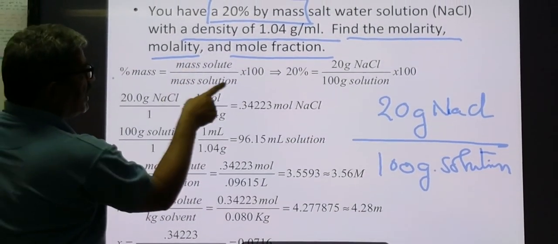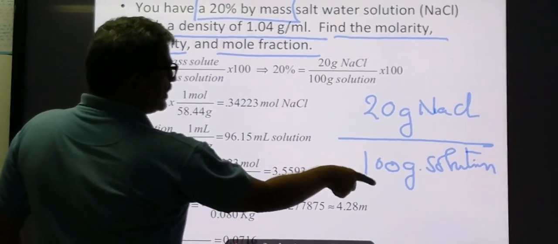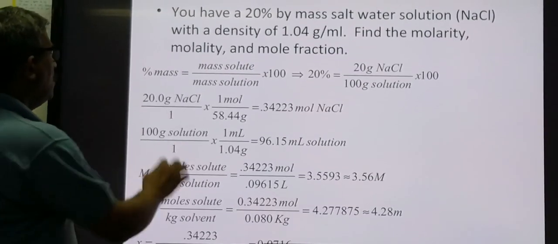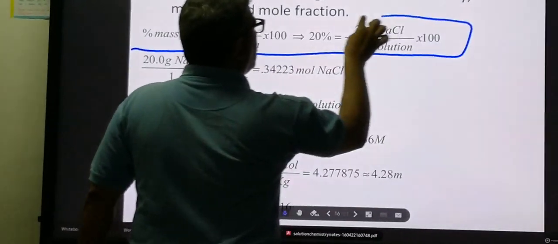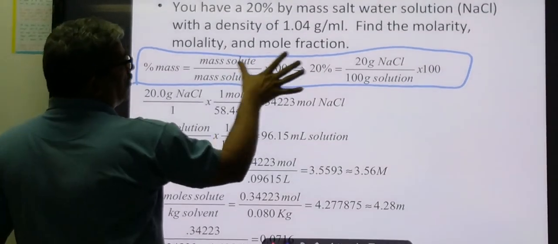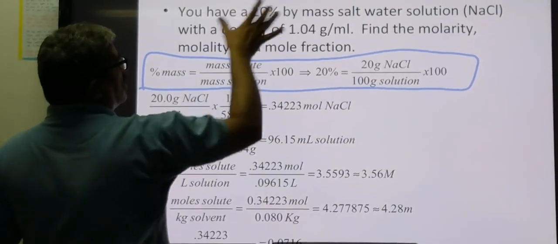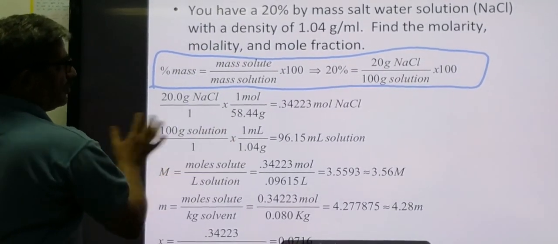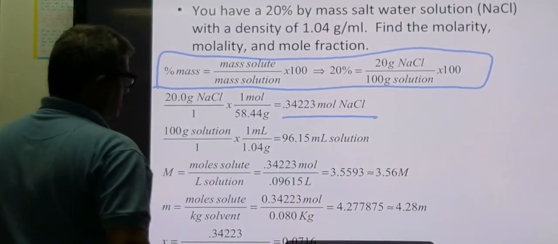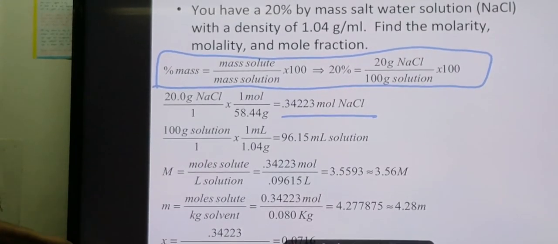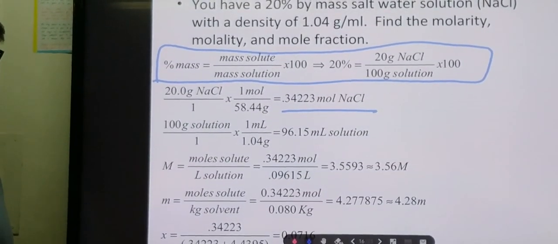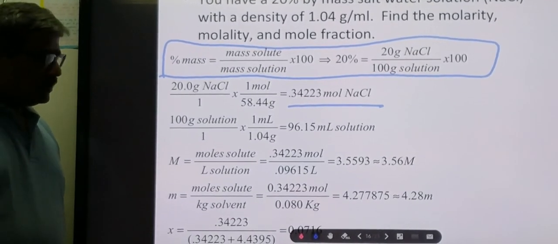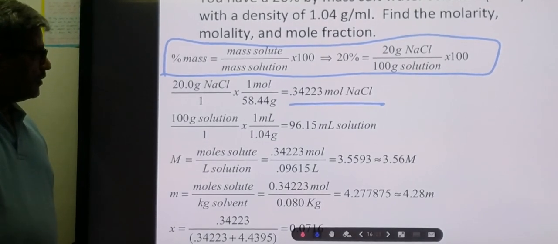That means 20 grams of NaCl present in 100 grams of solution. Right? So this is the point which is already given in the numerator. Now from that we are trying to calculate different things. As you can see, you will understand. Explanation is there. Okay, just see this.